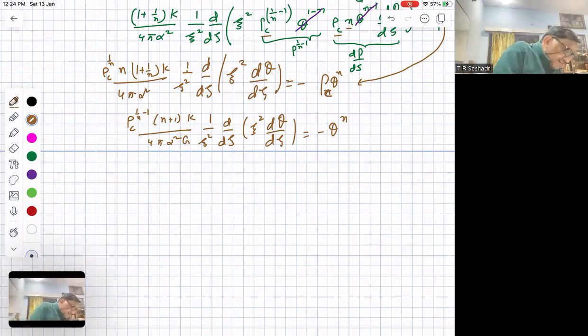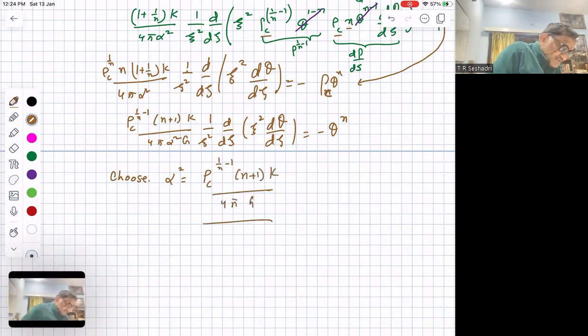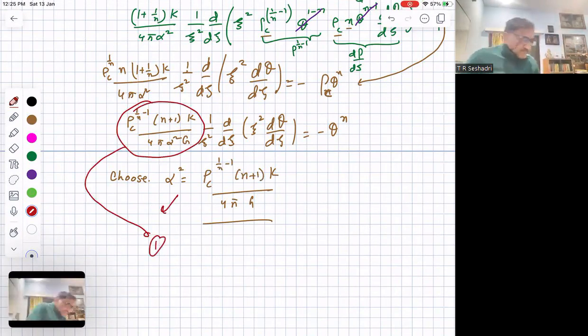I choose my alpha in such a way that alpha square is equal to rho c 1 by n minus 1 n plus 1 k by 4 pi g. Then this quantity will become 1.